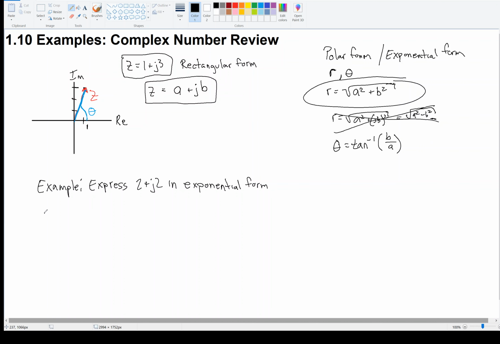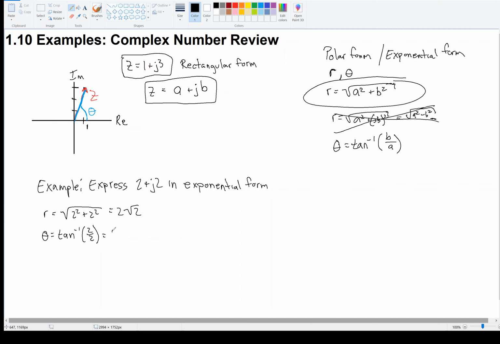So if I used the Pythagorean Theorem, I would find the square root of 2 squared plus 2 squared, which is 2 root 2. And if I wanted theta, theta is the inverse tangent of 2 over 2.